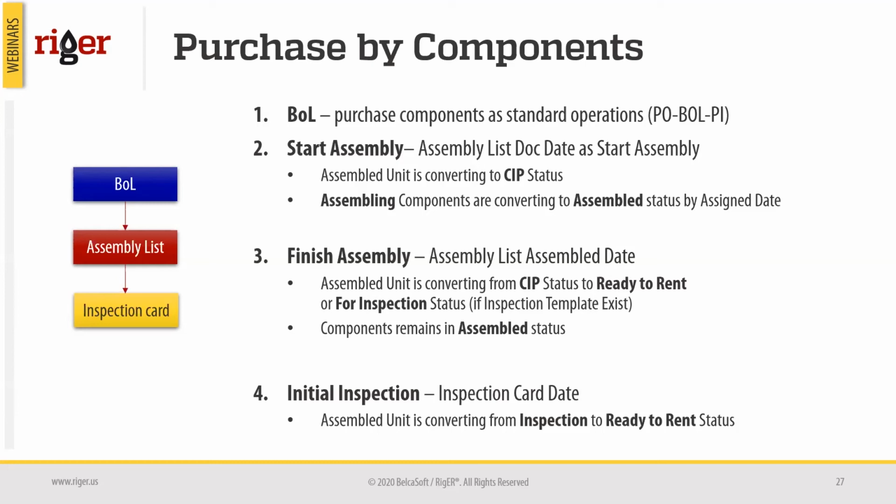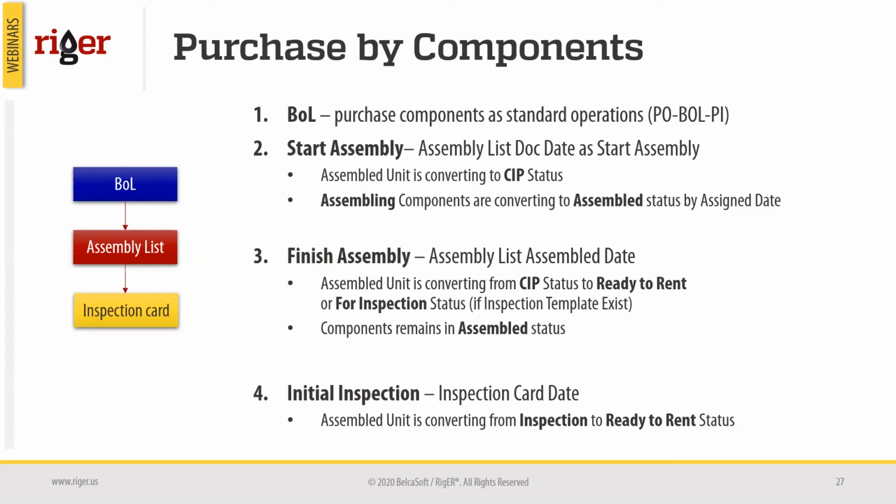Another challenge is that those components could be purchased during that assembly period. Say, for example, we start assembly September 1st, all the components are purchased through September to October, and we finish the assembly in November.